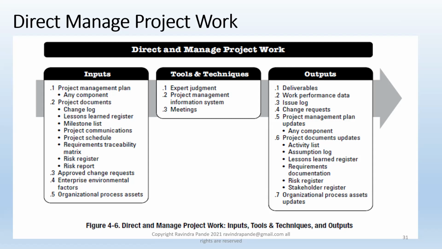Then the milestone list is basically the goals we are trying to achieve, and these milestones are basically the work completion, whatever work or activities or tasks we have assigned to any of the resources, their completion date is called a milestone.